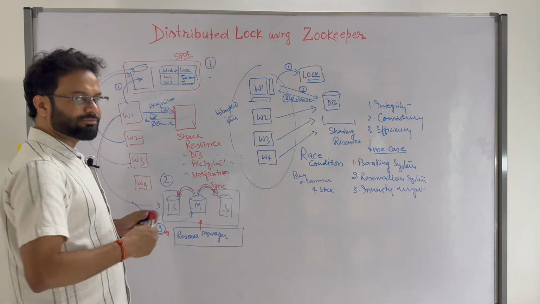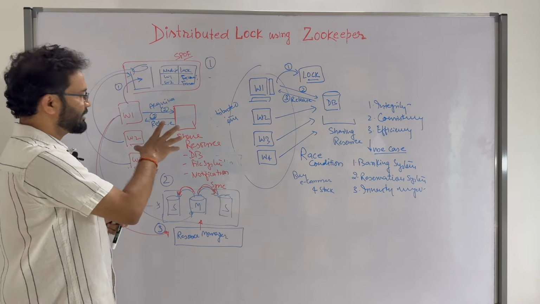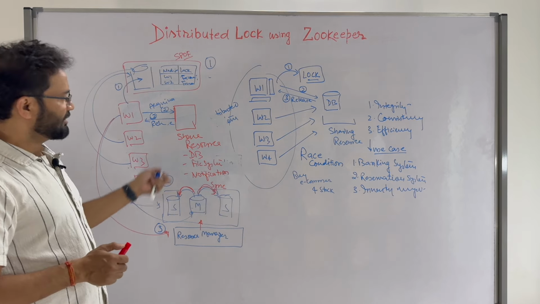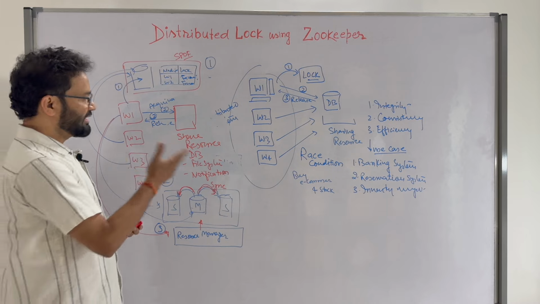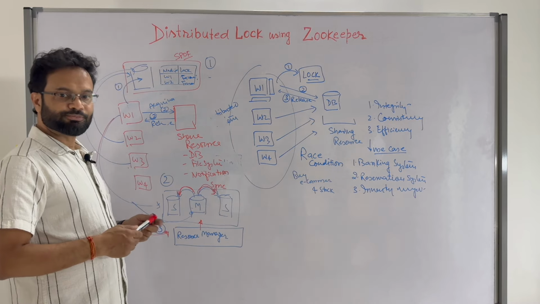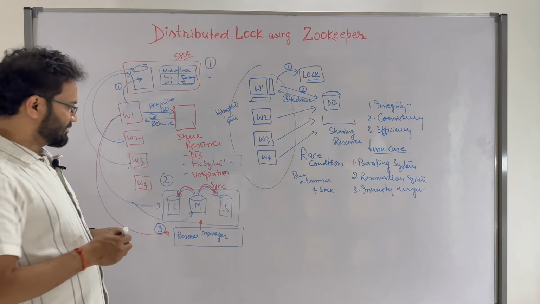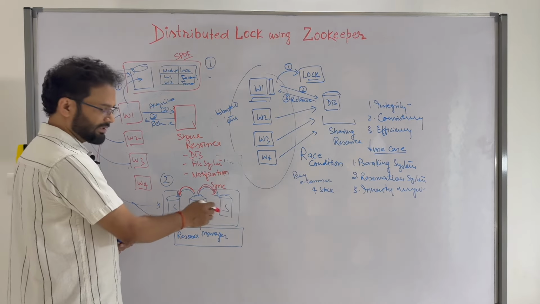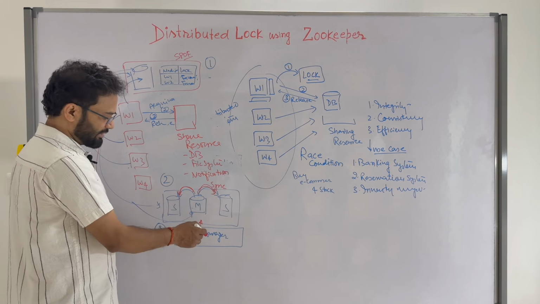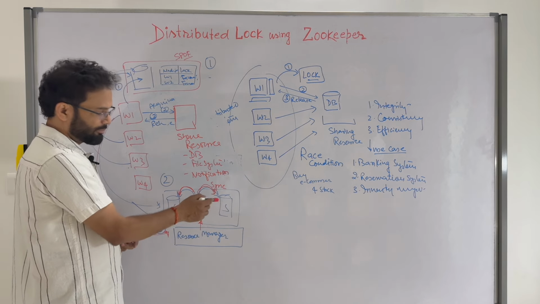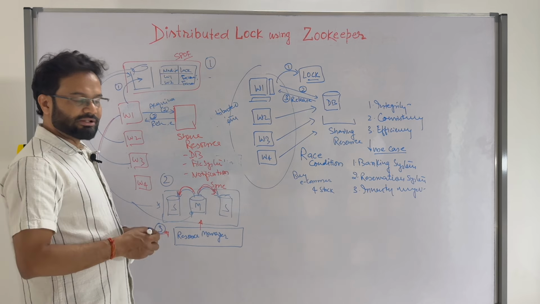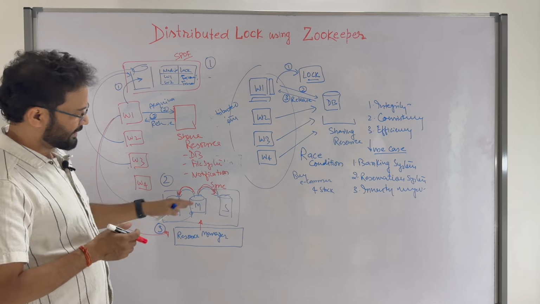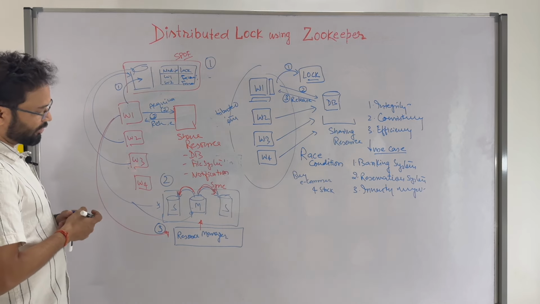The resource manager will have all the information about which user is using the lock right now, and after that user releases it, the manager can give the lock to another user, right? But here also many problems exist. It has to maintain the distributed environment system. It has to sync the data. If any node is down, it is this component's responsibility to bring the node back up. It should have a consensus algorithm to sync all the data, right?